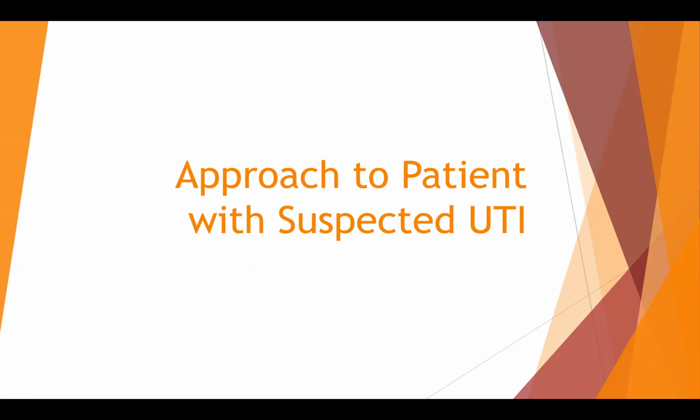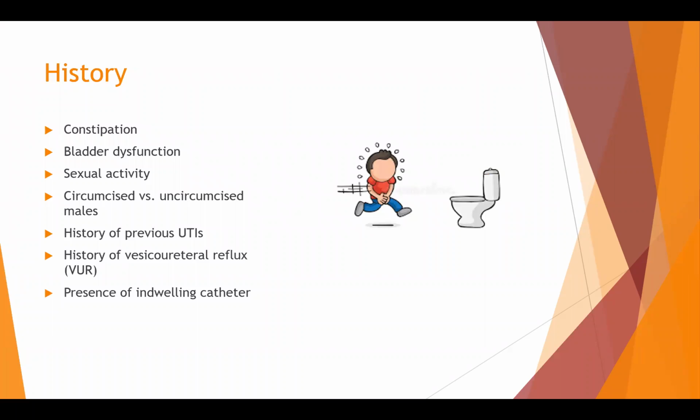All right, so let's talk about our general approach to a patient with a suspected UTI. Here are a few risk factors to always ask about in your history. Bowel and bladder dysfunction actually occurs in about 20% of all children in general, and then 50% of all children with a history of a UTI.